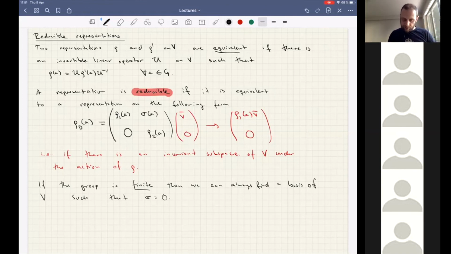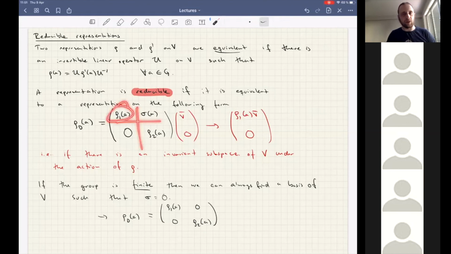So that would give then that this rho d of A would be rho 1 of A, 0, 0, rho 2 of A. And note here that these are block matrices.